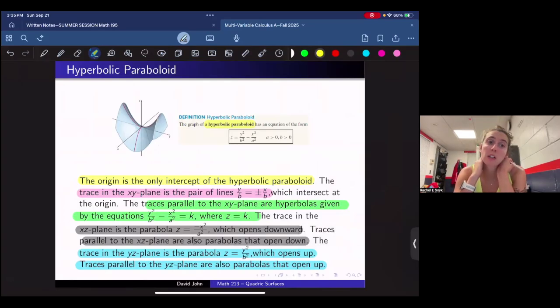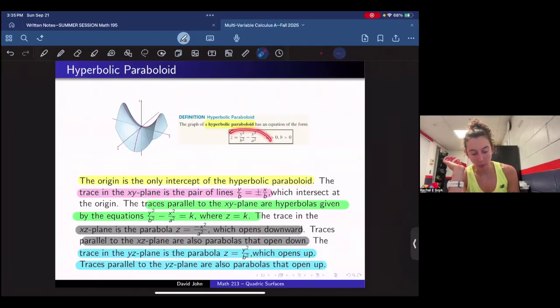So our first one, we have our hyperbolic paraboloid, where our general definition is z is equal to y squared over b squared minus x squared over a squared. Both a and b are positive.